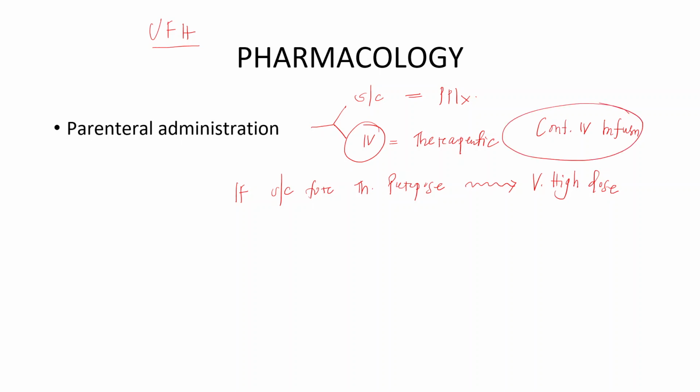We'll be discussing that in the next slide. The half-life is low, and that's why it has to be given as a continuous IV infusion to have a therapeutic effect. But if you want to give prophylaxis, you can give subcutaneous, and if you want to give subcutaneous dose for therapeutic purpose, you have to give a very high dose.